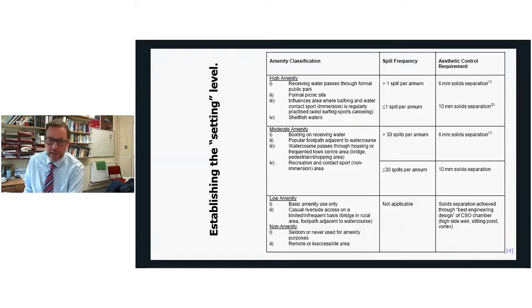So this table sums up that kind of approach. What you see here is that if you've got a high amenity watercourse, so that's a watercourse where there's quite a lot of amenity value, if spill frequencies are more than once per year, you want 6mm solid separation. You want a 6mm size on your screen. If spill frequencies are less than once a year, then 10 millimetres might be adequate.